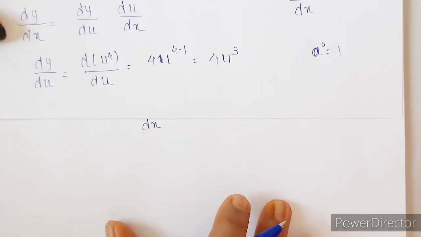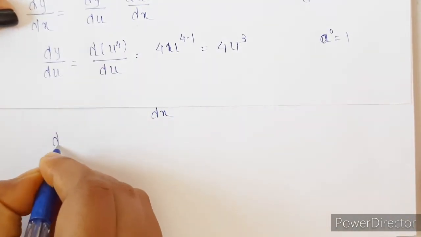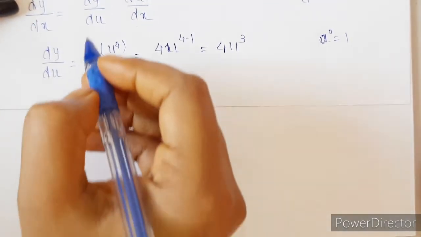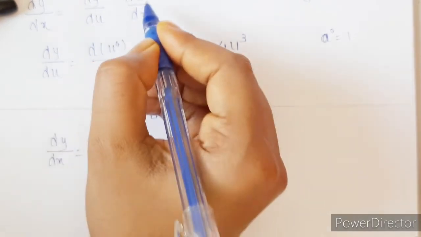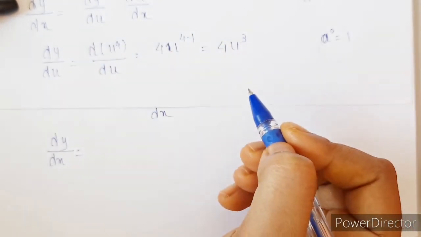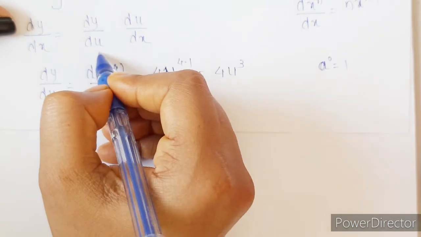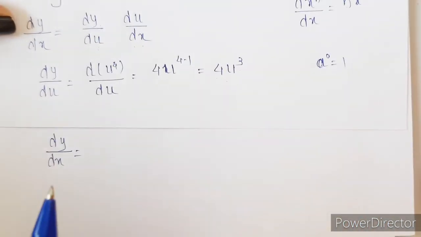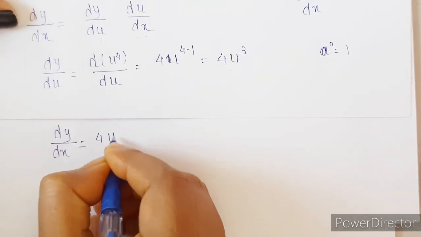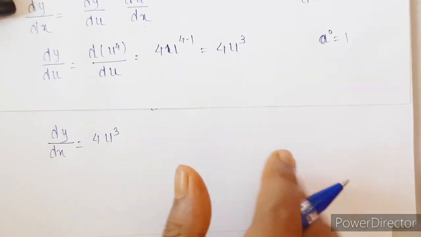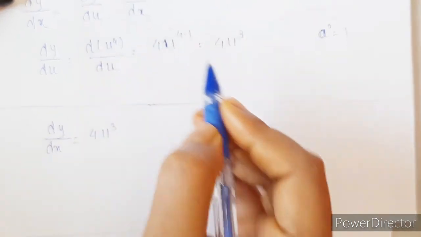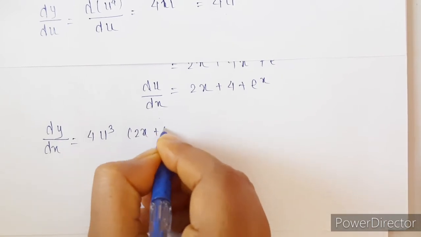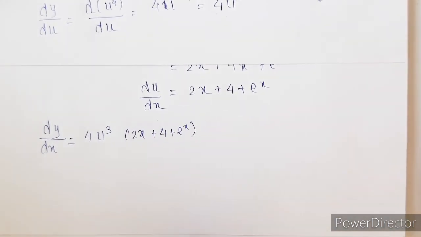Now substitute back in this. So basically we are finding derivative of y with respect to x, which is derivative of y with respect to u into derivative of u with respect to x. So derivative of y with respect to u is 4u cube, multiplied by derivative of u with respect to x, and derivative of u with respect to x is 2x plus 4 plus e raised to power x.